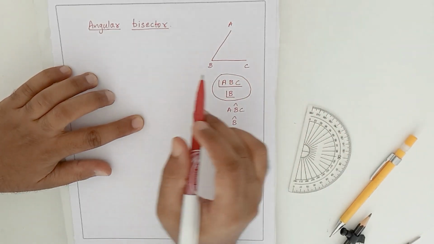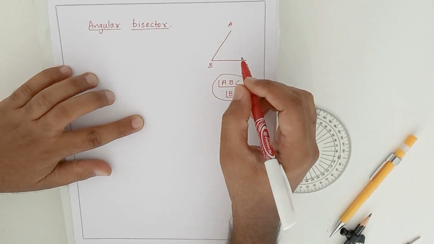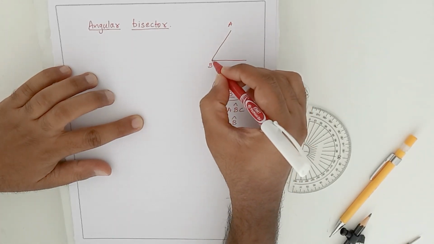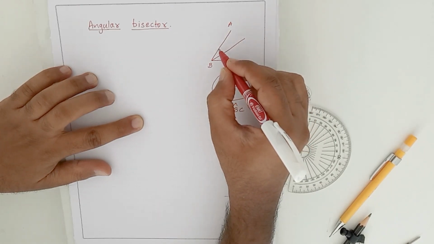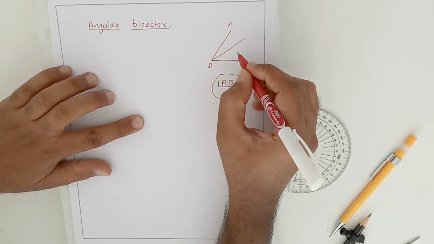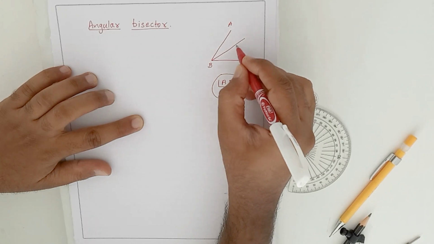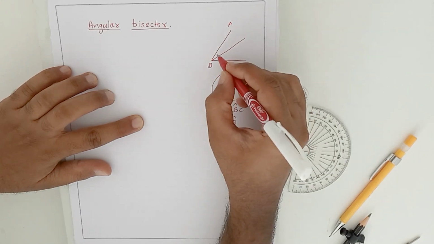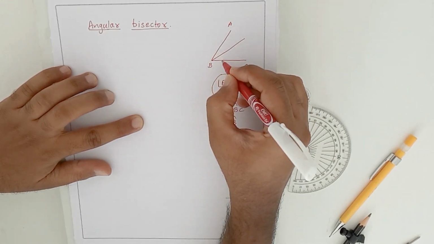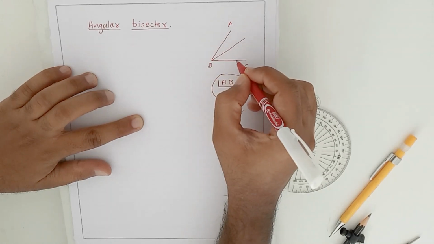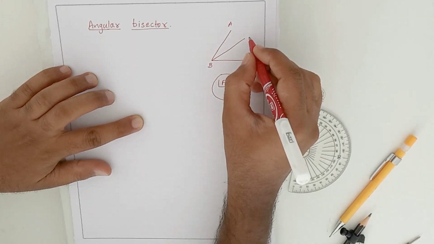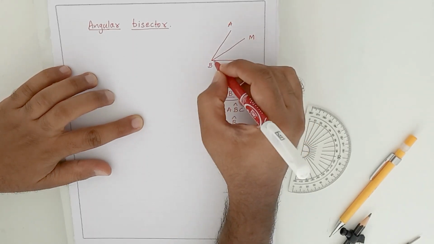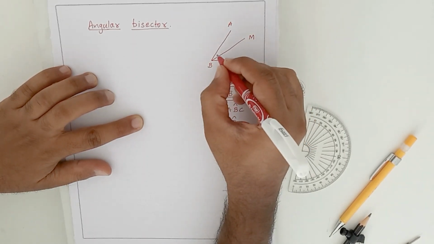Now what is an angular bisector? Now we have an angle. If there is a line drawn like this, and if this line cuts this angle ABC into two equal parts, then this is an angular bisector. Let us say angle ABC is 50 degrees, and now I have introduced a line, I can call this BM.